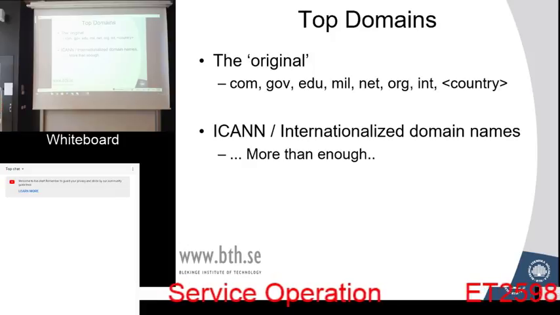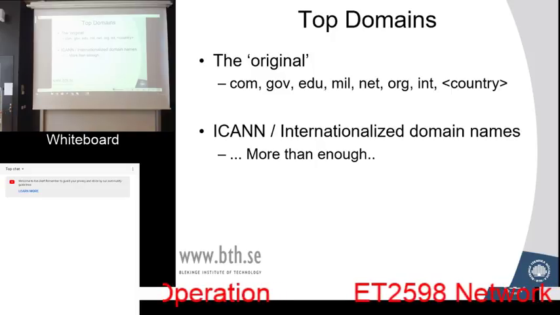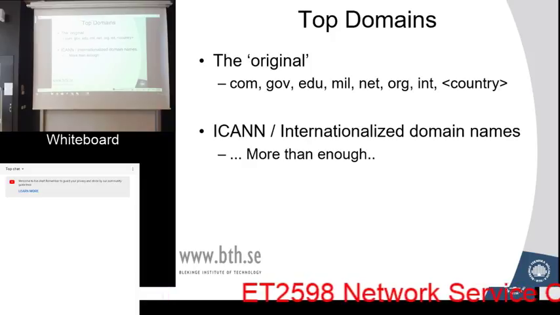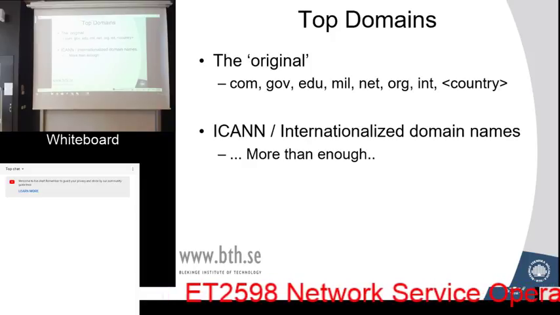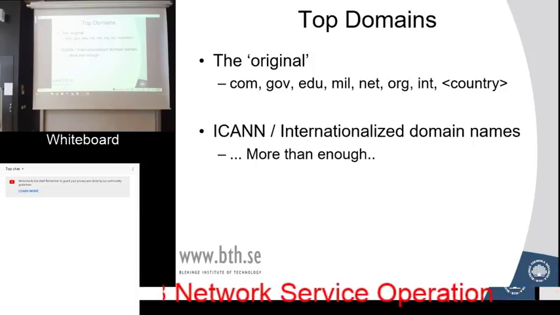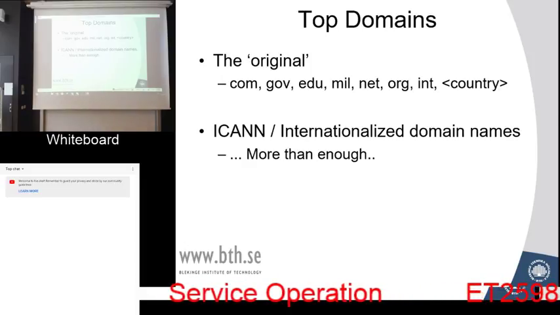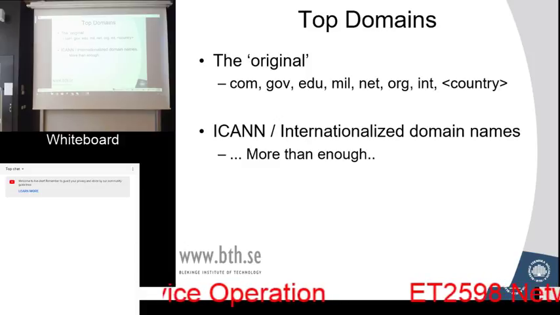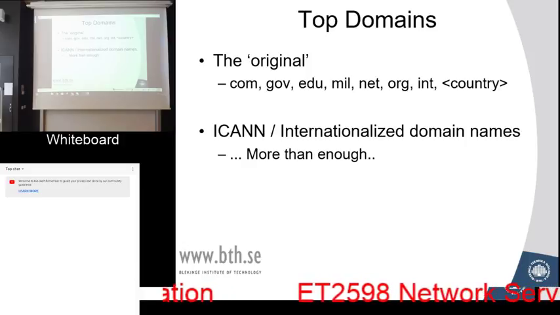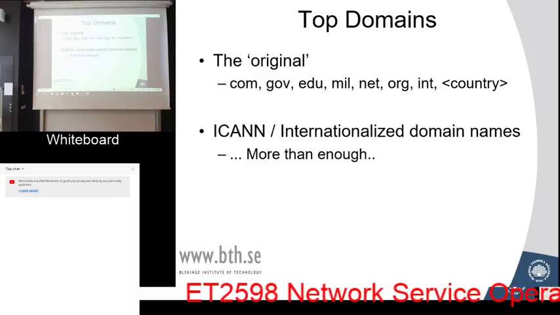The traditional top domains were com, gov, edu, mil, net, org, int, and all the country abbreviations. I can't remember how many years ago it was, but at that point in time, ICANN enabled UTF-8 DNS names, as far as I remember.